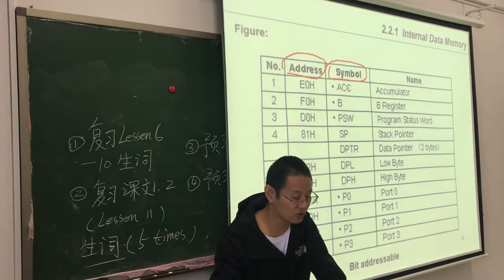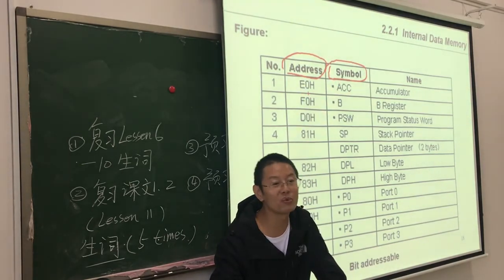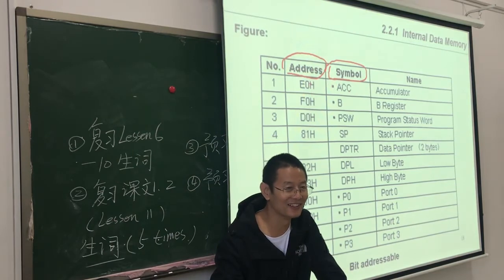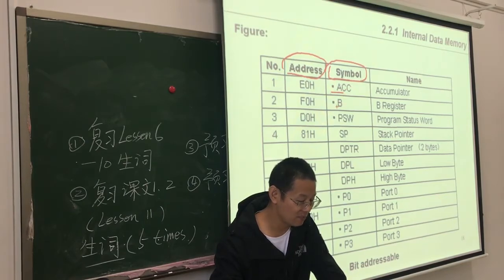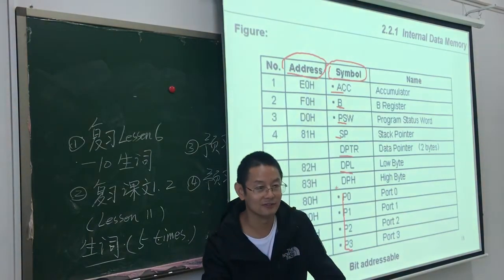If you want to know the address, you just check your book. So just remember the symbols: ACC, B, PSW, SP, DPTR. You needn't remember the address.